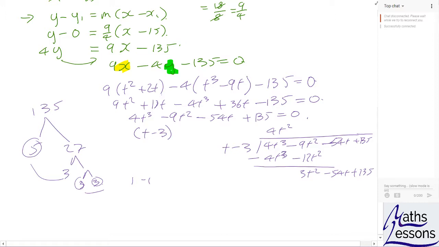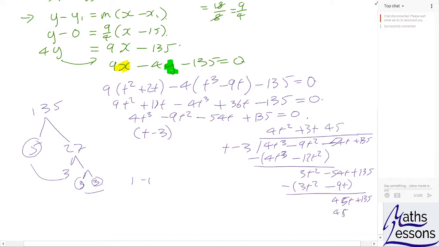And t into 3t squared gives me plus 3t. So 3t squared, take away, it's going to be minus 9t here. Take that away. So 9 away from 54 is going to give me 45t plus 135. And t into 45t will give me 45.